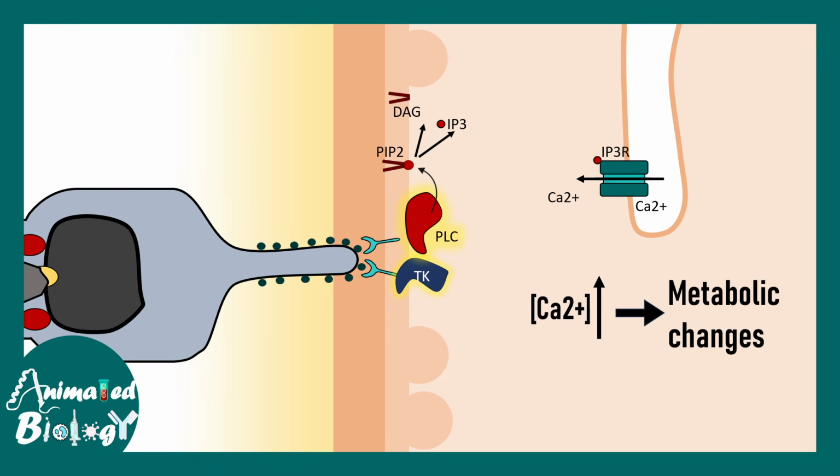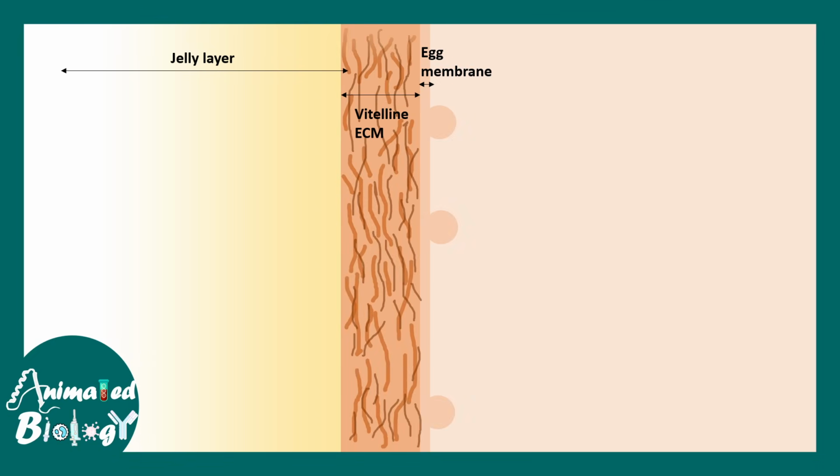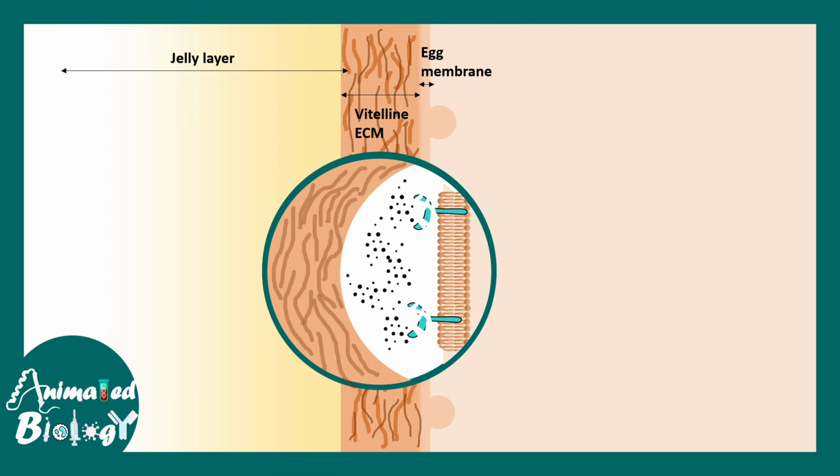Also, elevation of calcium leads to many metabolic changes. Once these granules are fused with the membrane, many changes happen. In the vitelline ECM, there are many fibrous proteins. First of all, the attachment points of these fibrous proteins with the egg membrane are now loosened because many serine proteases are released from these cortical granules.